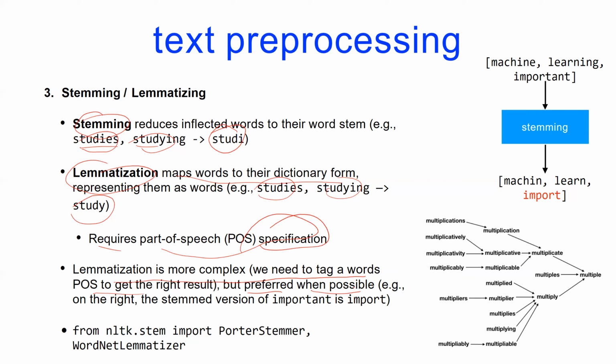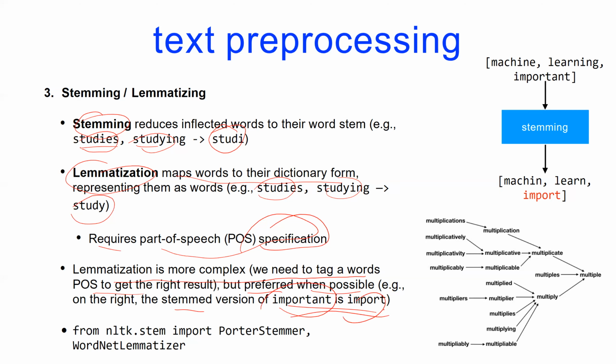Here is a very cute example. The stemmed version of "important" is "import". Actually, they mean completely different things, right? Important and import mean something different. So this is a good motivation for why lemmatization is preferred if possible.